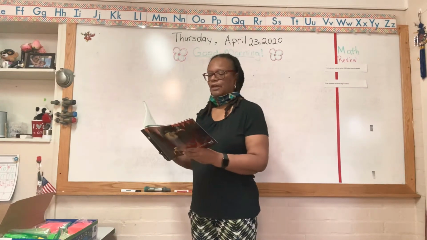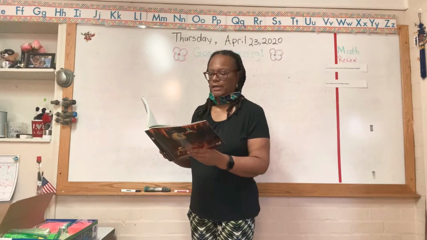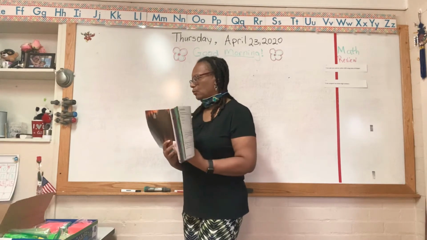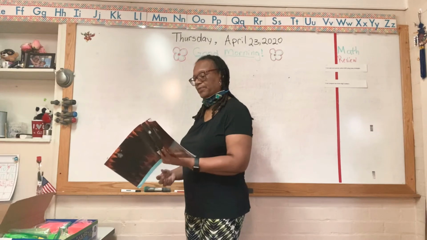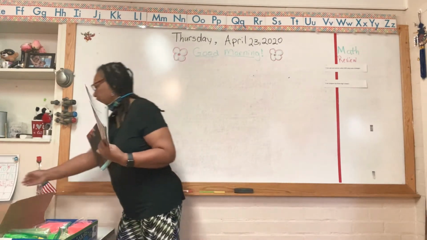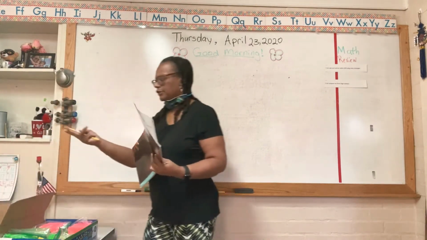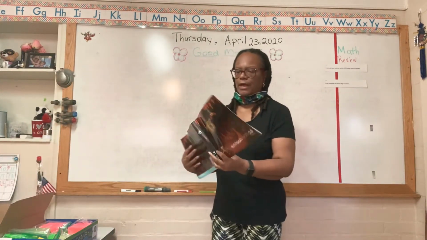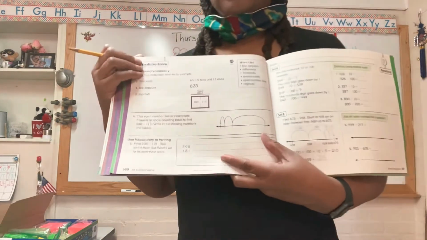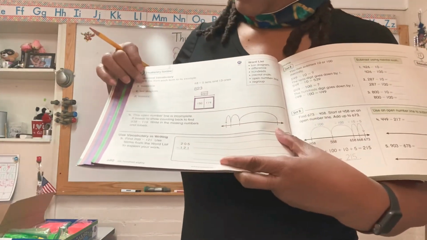Well, it has hundreds, bar diagram, and regroup. Which one did you do? It's going to be hard for me to show you on the board, so I'll do it this way. Let's look at your book. Hundreds.